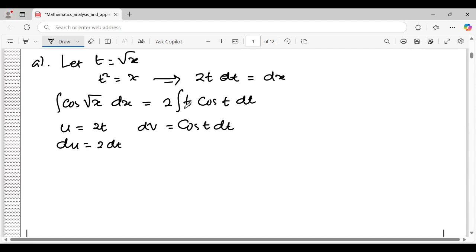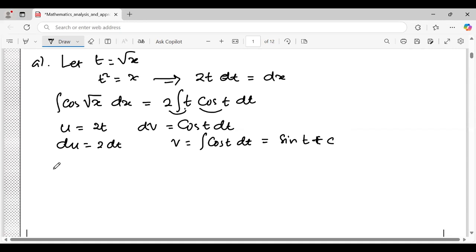So this is u and this one dv. So v equals the integral of cosine t dt, which is sine t plus c.